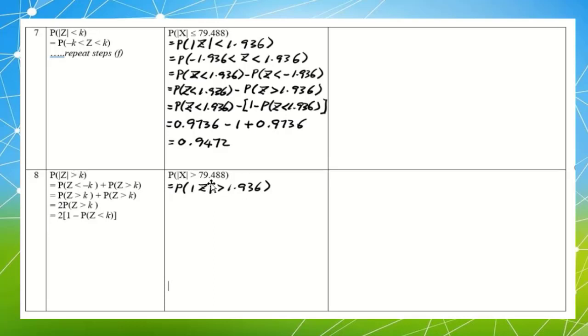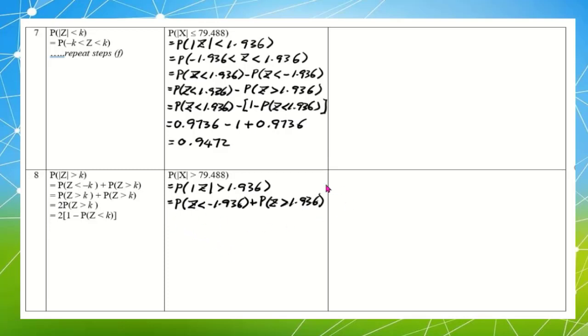We know that modulus z greater than 1.936 is the same as z less than negative 1.936 or z greater than 1.936.